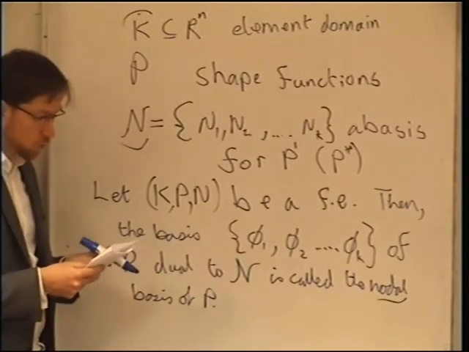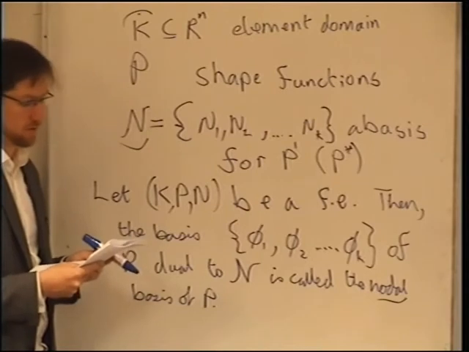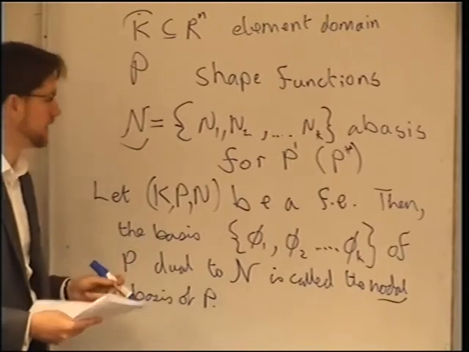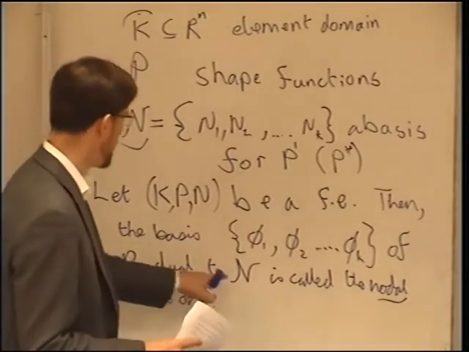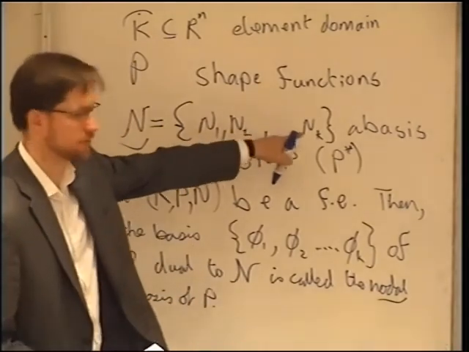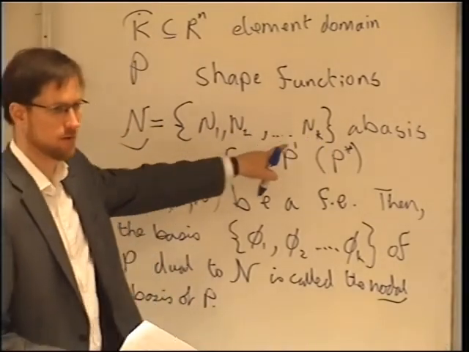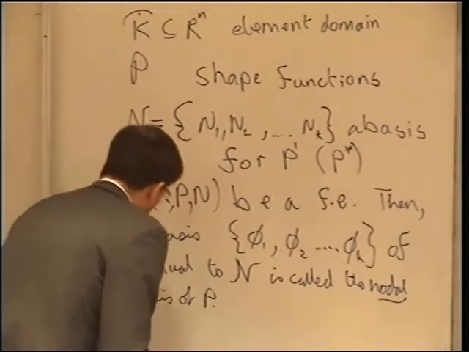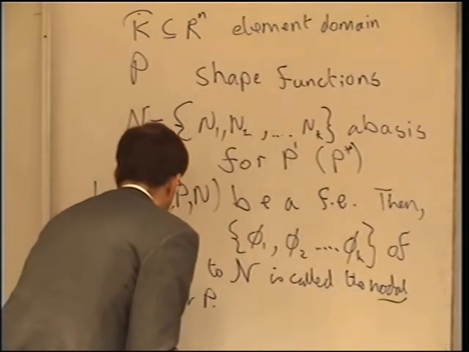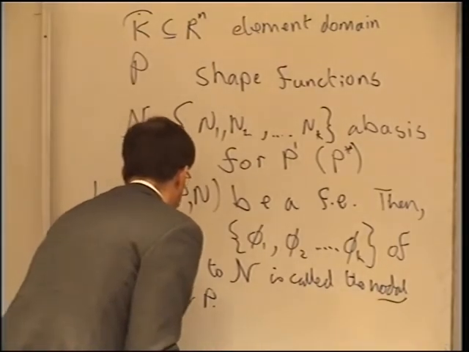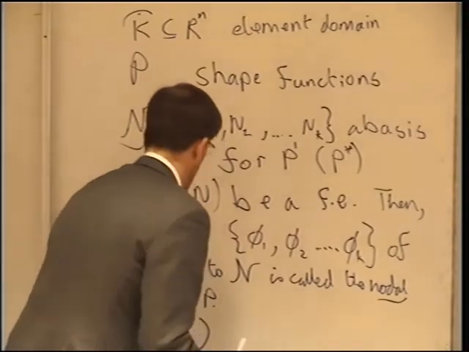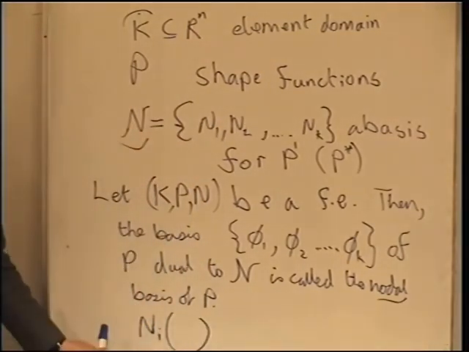And what it means to be dual to N is that, so remember N is a set of these things, and it means that Ni, so what's Ni? Ni is a functional.